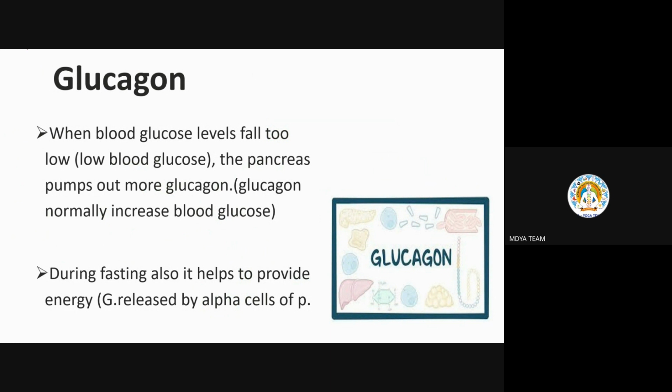First we'll see what glucagon is. When blood glucose level falls too low, glucagon is responsible for raising our blood glucose level.